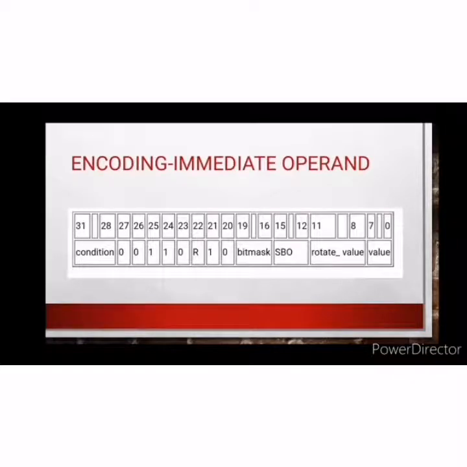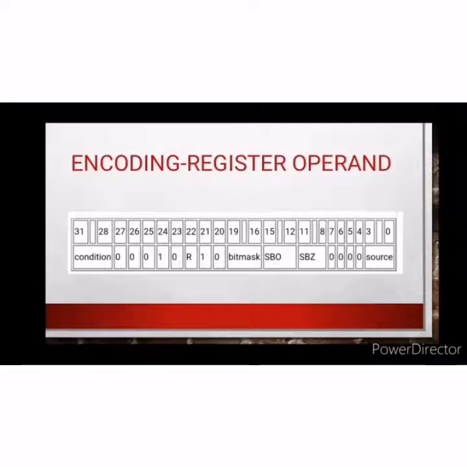Okay, next we move to the encoding immediate operand. So this is the encoding immediate operand. So you can see this, and you must understand it before writing the program. And next, this is the encoding register operand.